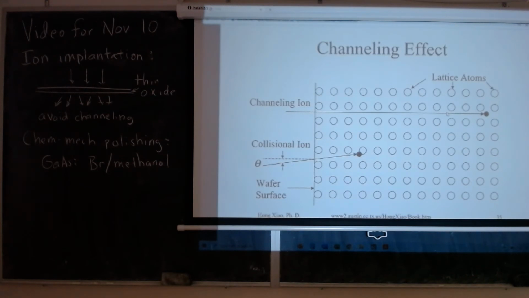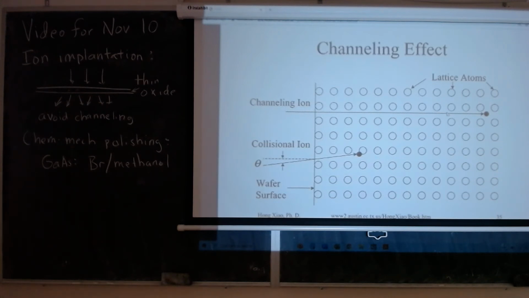and so it goes way down low into the wafer, and that's highly undesirable, because what happens then is you have kind of a mirage region of dopant atoms that are channeled far below where you actually want them to occur.